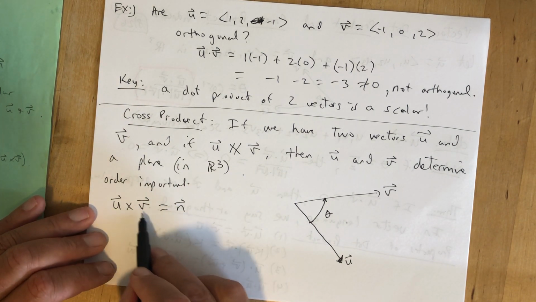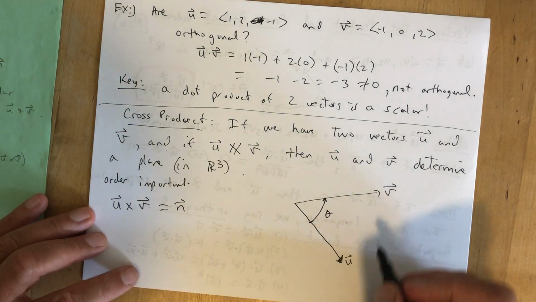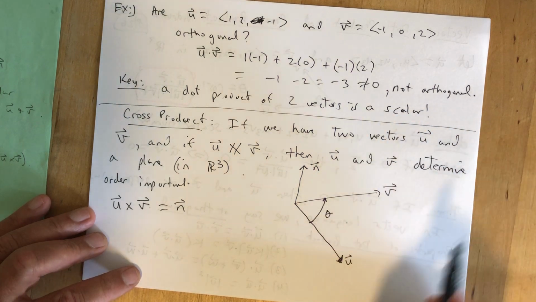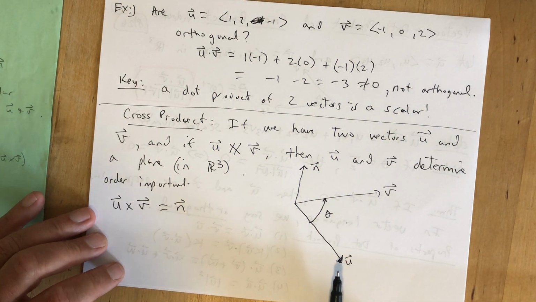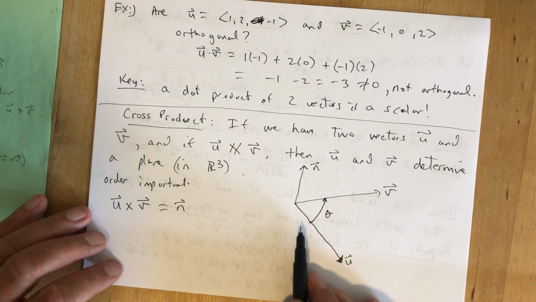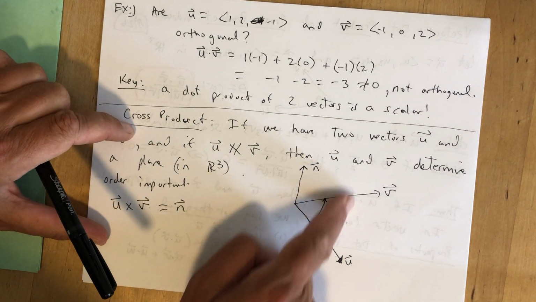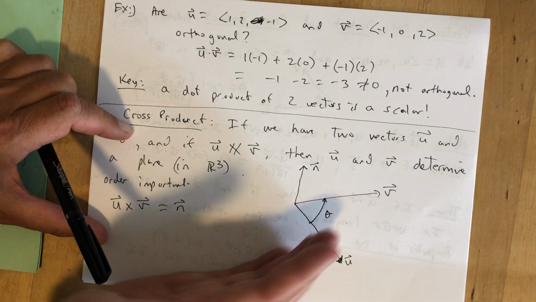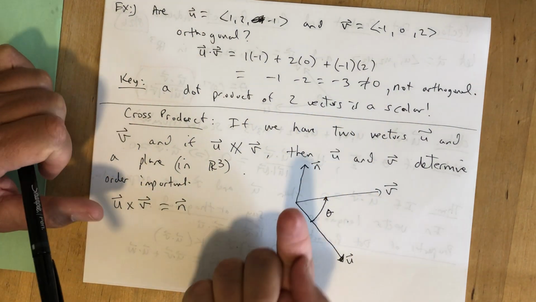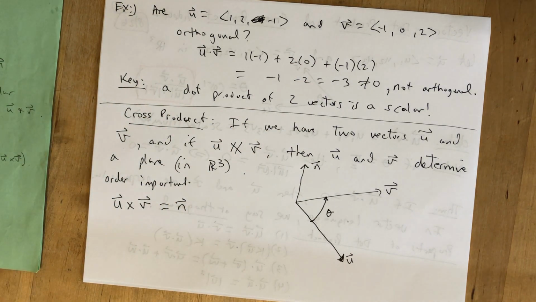So two vectors, when you cross them, give you another vector n, and this thing is orthogonal to both u and v, okay? So there's a right angle with n and v and a right angle with n and u, and because u is going towards v, if I curl my fingers in the same direction as theta, the thumb goes up, and that means the n is in the upward direction.